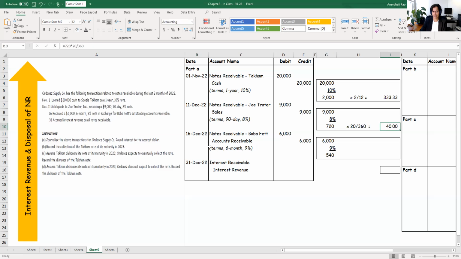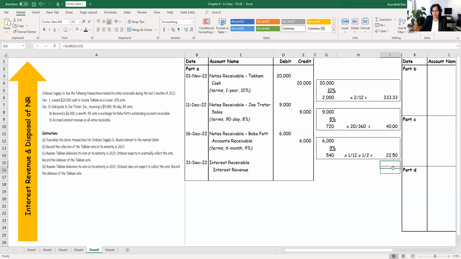Now, the last one is a little tricky. We have December 16th. It's a 6-month note. If it was December 1st, the adjustment would have been 1 over 12. But it's not quite 1 over 12 over here. The adjustment is 1 over 12 if it was a full month, but it's only half of a month, so multiply by half, and that's going to give you interest of $22.50.